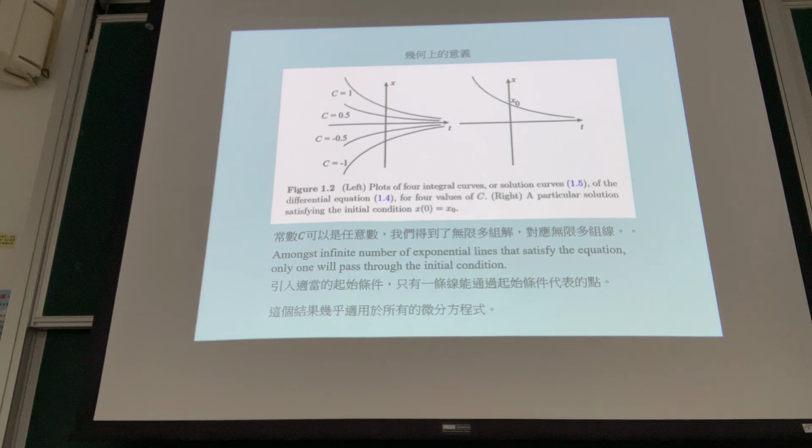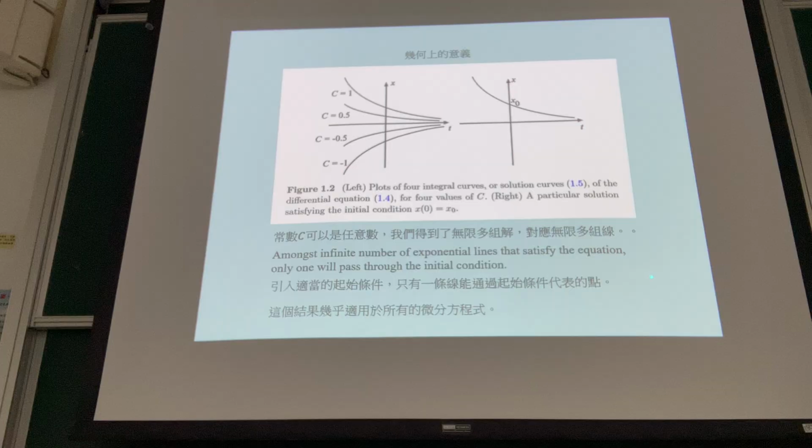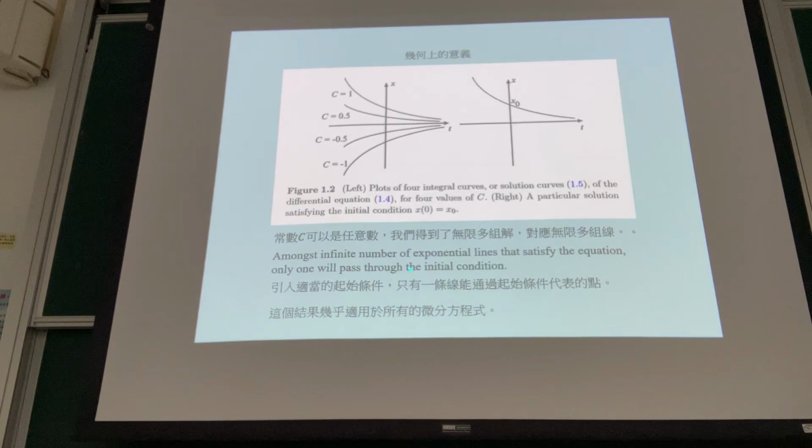Ladies and gentlemen, among the infinite number of exponential lines that satisfy the equation, only one will pass through the initial condition. This kind of result applies to almost all differential equations. Next week, maybe at the end of next week, we will start to talk about ODEs of second order.